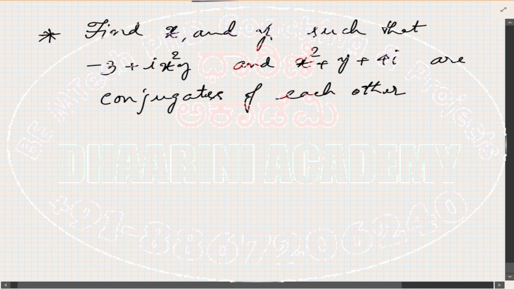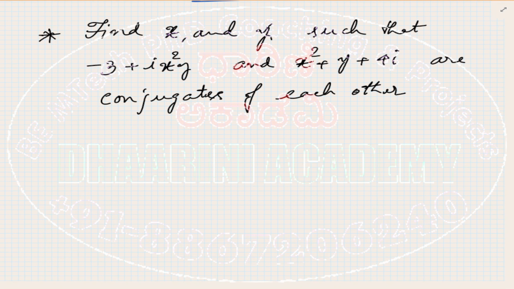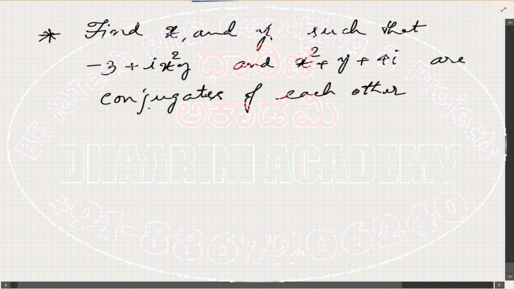Okay, so this means that you take one term and conjugate it, right? Both of them have to be equal. So this is what is given. If I take a number and conjugate that number, I'm going to get the other number. They are conjugates of each other means that.